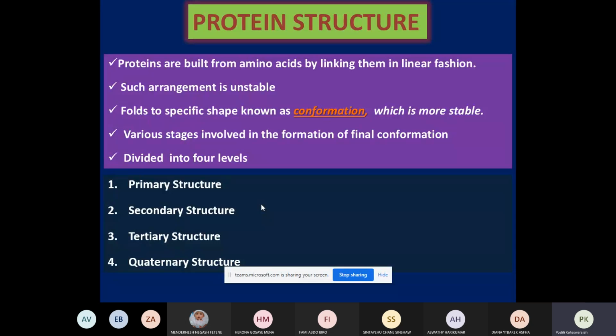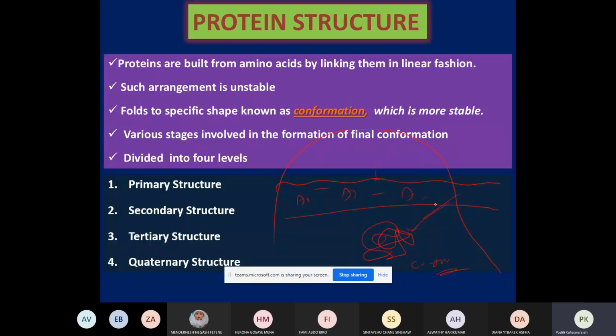So coming to the protein structure, we have already explained in the first module that the function of the protein is mainly dictated by the structure of the protein. Since the proteins, as we already said, are made up of several amino acid residues connected by peptide bonds, such a linear arrangement is highly unstable, and this linear arrangement tends to fold into a particular shape, and this is known as the conformation.